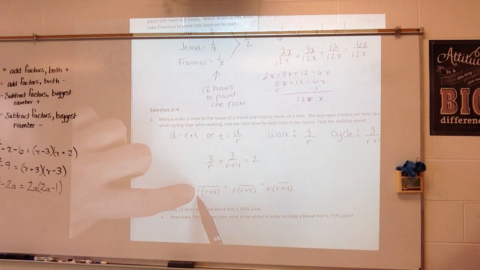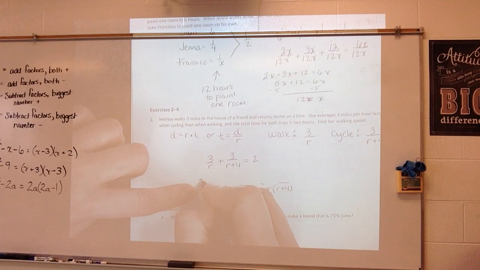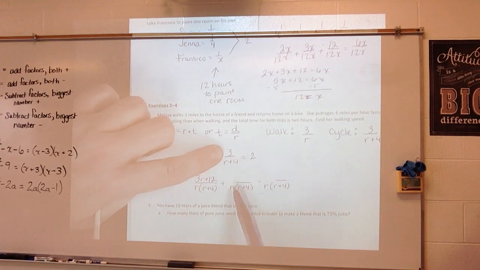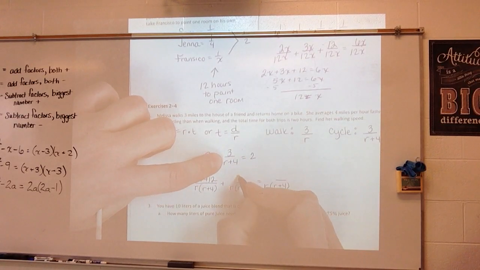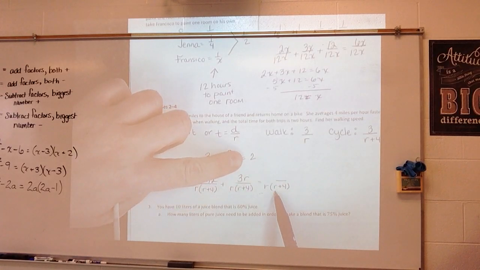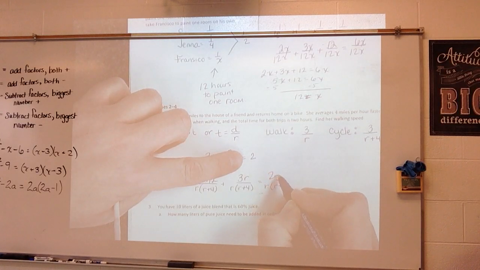So I have the r here, so I need to multiply 3 times the r plus 4. So 3r plus 12. I'm going to go ahead and multiply through. I need to multiply 3 times r because I already have the 3, or the r plus 4. And I have to multiply the 2 times everything. So r times r is r squared, so I have 2r squared.